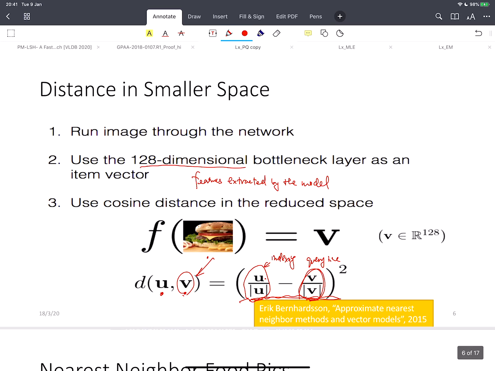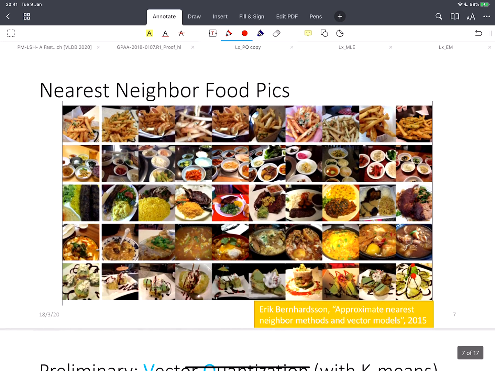Essentially, you consider all the images in the database, perform this kind of computation, and calculate the distance of the query to each and every stored picture, and you want to return the nearest neighbors or nearest 10 neighbors. So if you really do this, this is your query image, and that's the top 10 results.